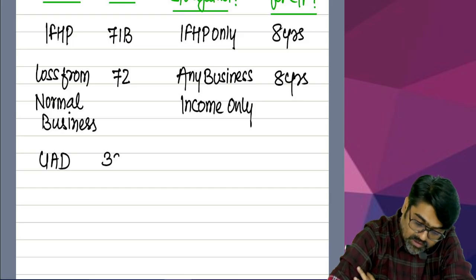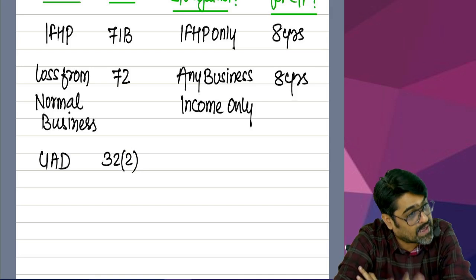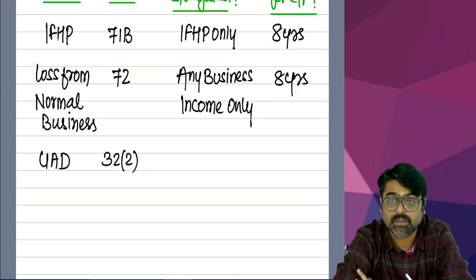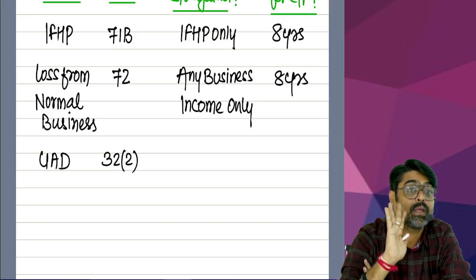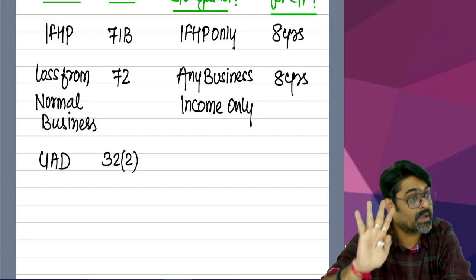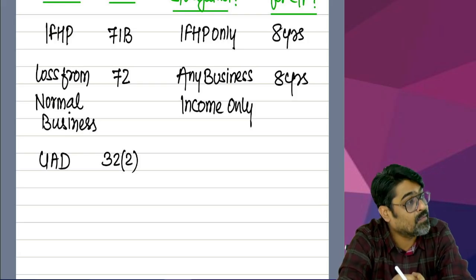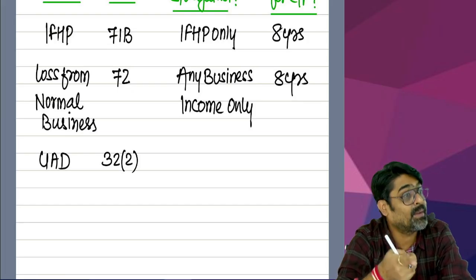Its carry forward is as per 32(2), which says that after carry forward, unabsorbed depreciation will be set off against which income? Any income, even if that income is a business income or any other income except salary.